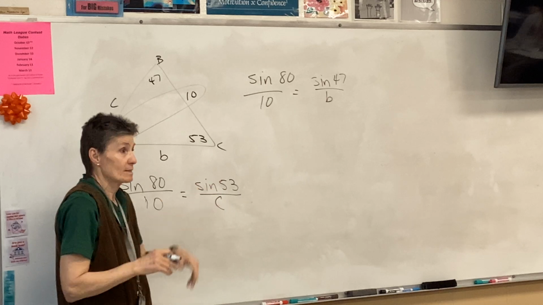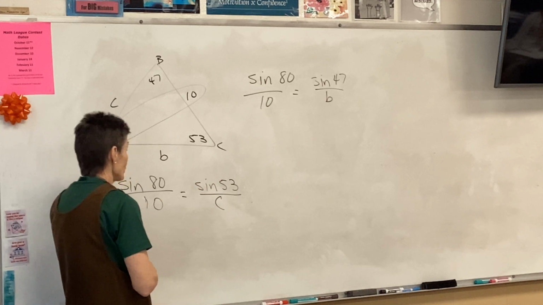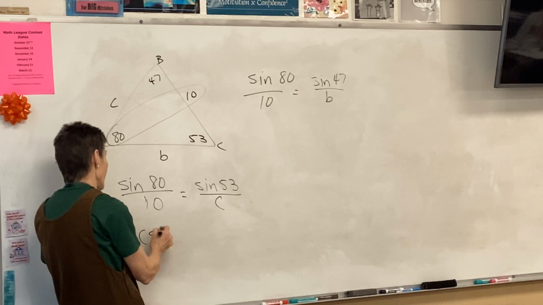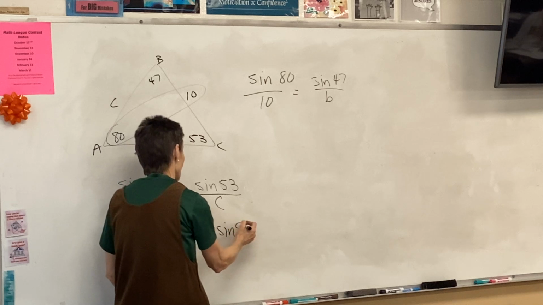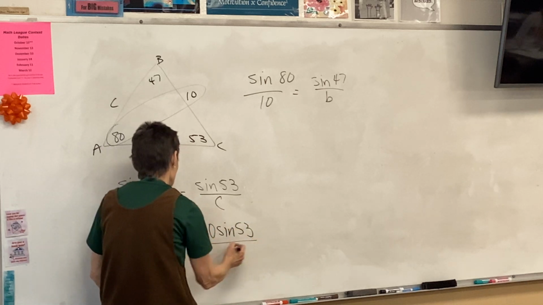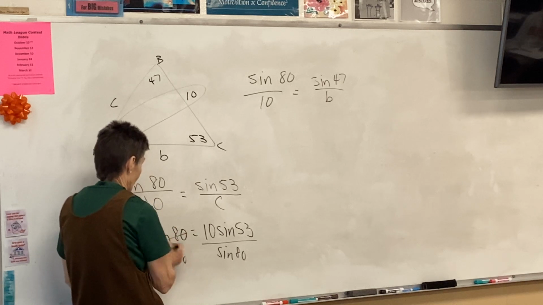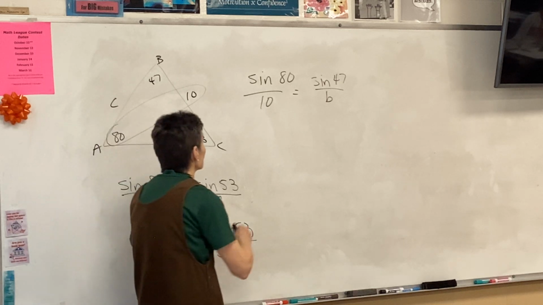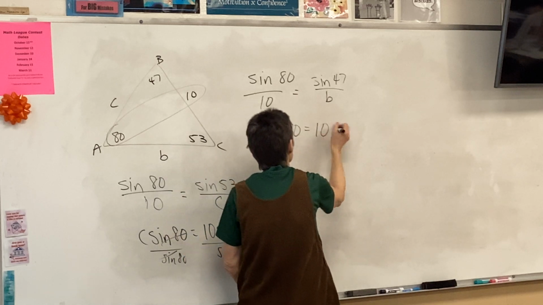And the order you do it doesn't matter. Okay? So once you get your proportions set up, you're going to cross multiply. And you're going to divide. And you're going to type it in. And you're going to do that for both of them.